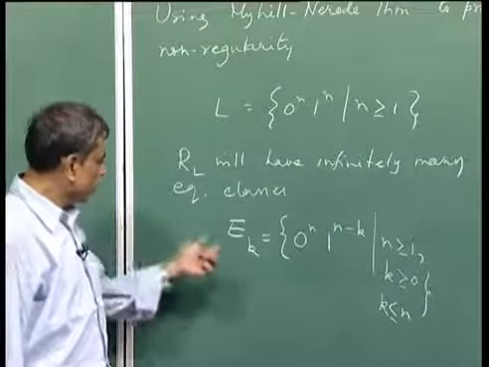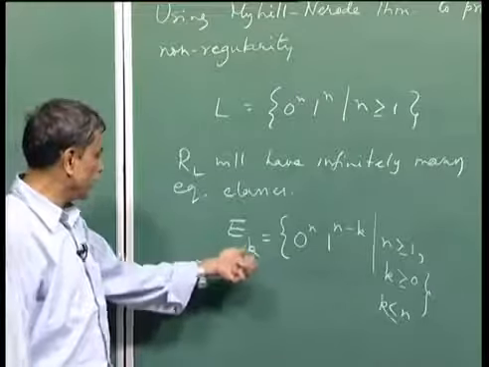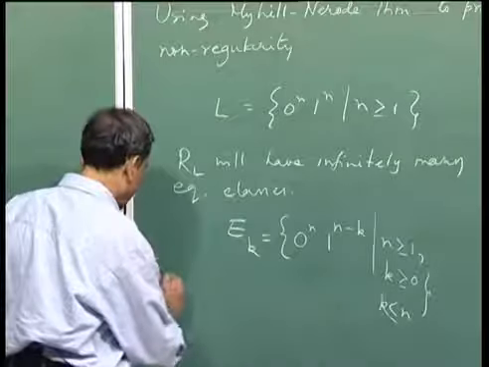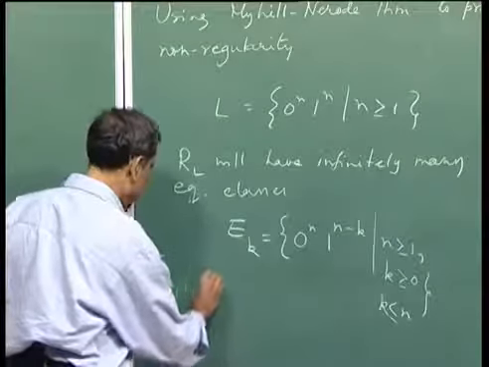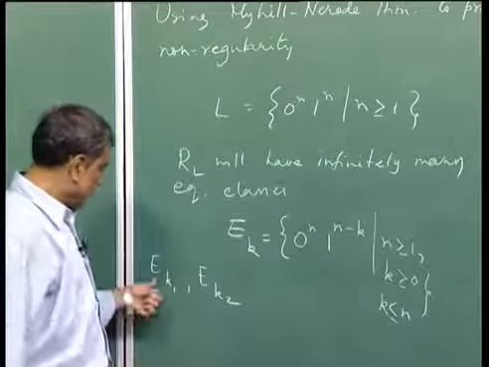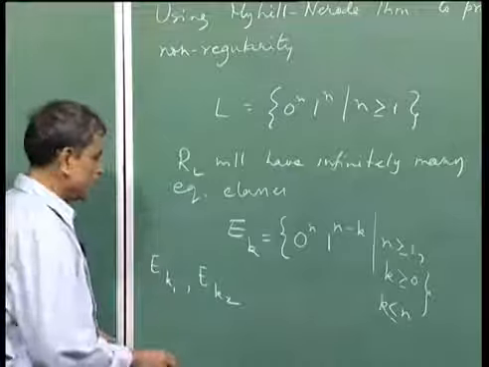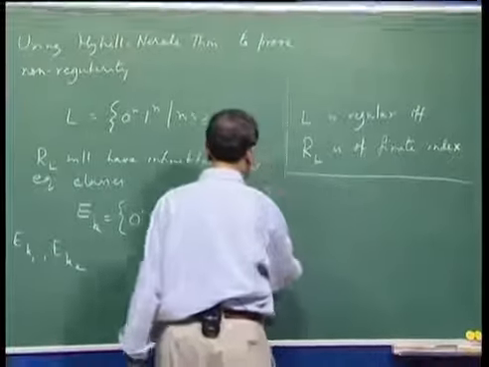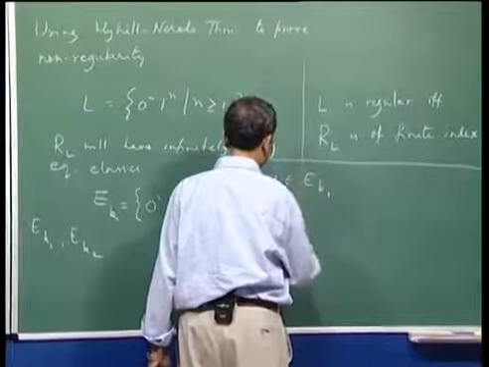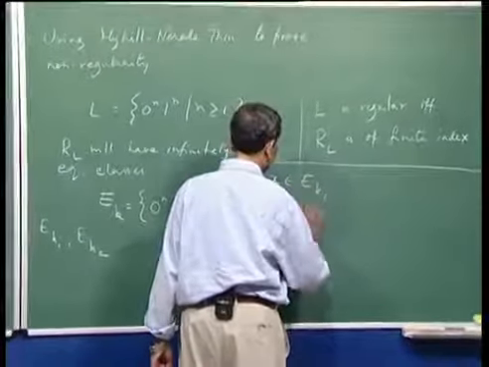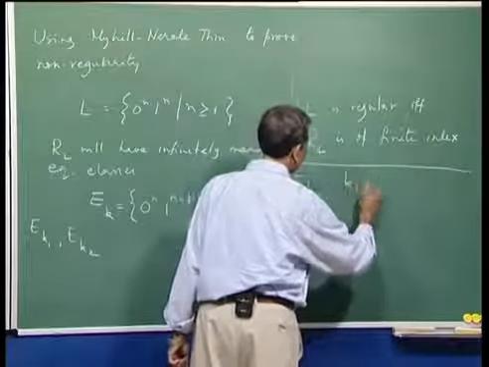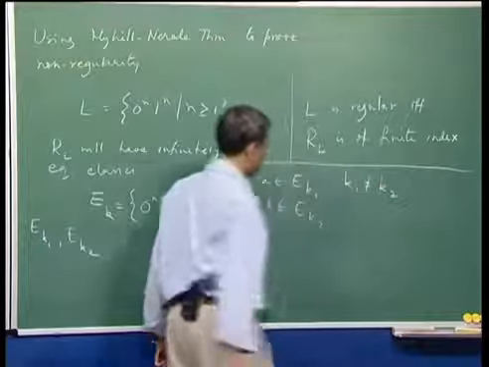Now, take two strings from two different Ek's, so let us say Ek1 and Ek2. I claim the following. Let us say x is in Ek1 and y is in Ek2, and k1 is different from k2.